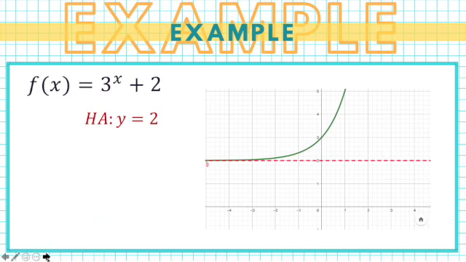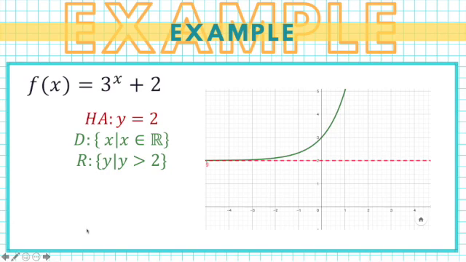Next, we know that the domain is the set of real numbers. So we have the domain as x such that x is an element of real numbers. For the range, you can see that all the points in the graph are above the line y equals 2. Therefore, the range of the function is y such that y is greater than 2.